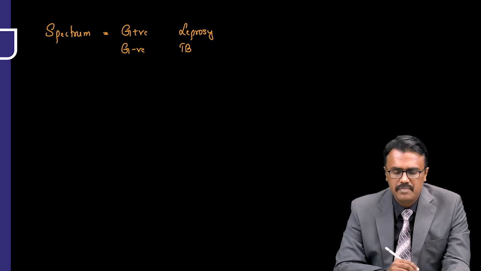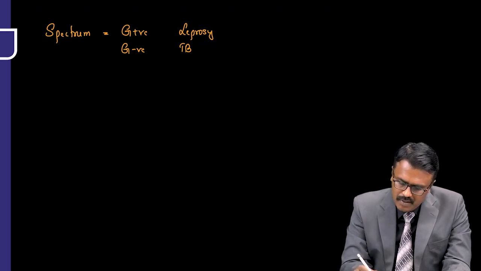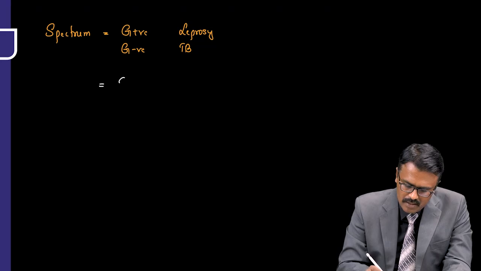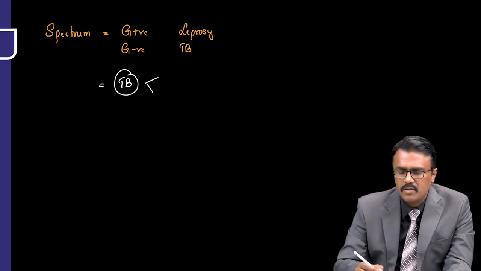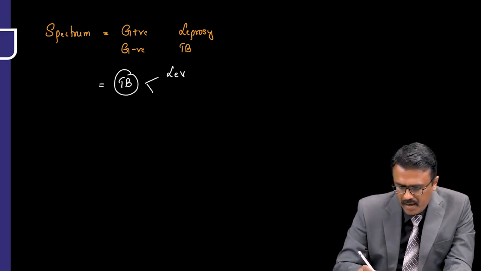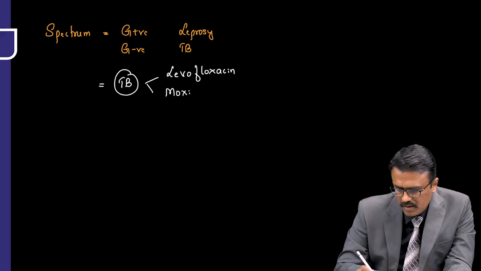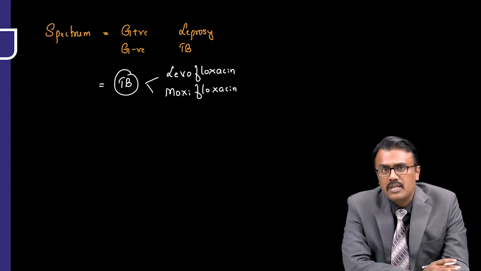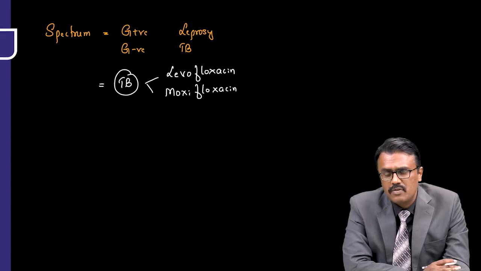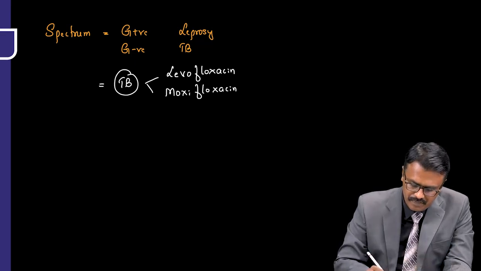Now let us see what drugs are effective in tuberculosis. Levofloxacin and moxifloxacin are the major drugs for tuberculosis. The least useful for tuberculosis are cipro and ofloxacin. Nowadays what we use is levoflox and moxifloxacin.